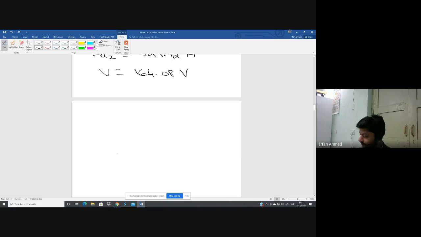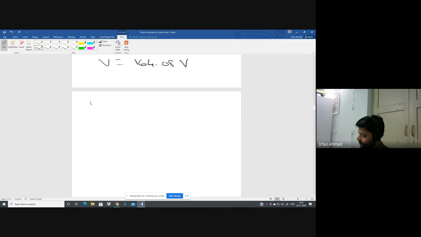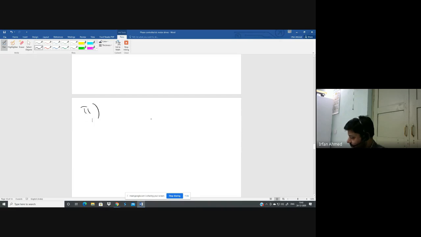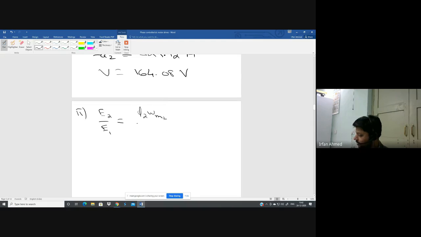Okay, instead, what we have to use is E2 by E1 is equal to phi 2 omega M2 divided by phi 1 omega M1.